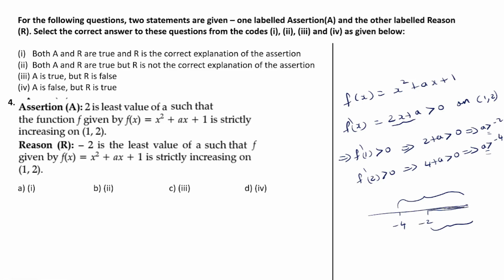So the least value of a such that the function given by x square plus ax plus 1 is strictly increasing on open interval 1, 2 is minus 2. So this is the least value of a. So the reason is true and the assertion is false. So the correct option is A is false but R is true. The correct option is option D.